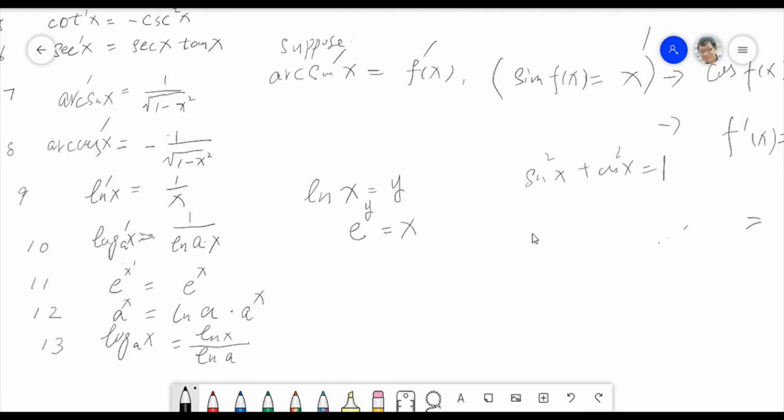So we take the derivative on both sides.